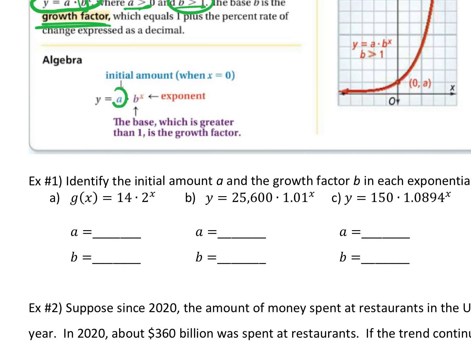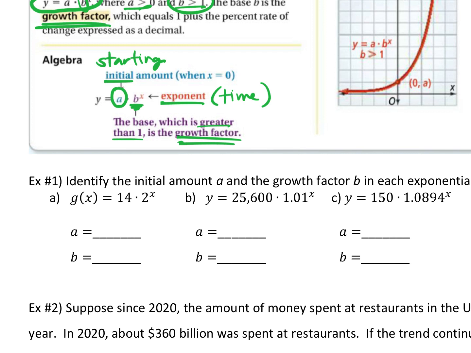This A will always be your initial or your starting amount. This B will always be your growth factor, which for growth is going to be greater than 1. And then your exponent, this is usually the time portion of whatever it is we're talking about, okay?